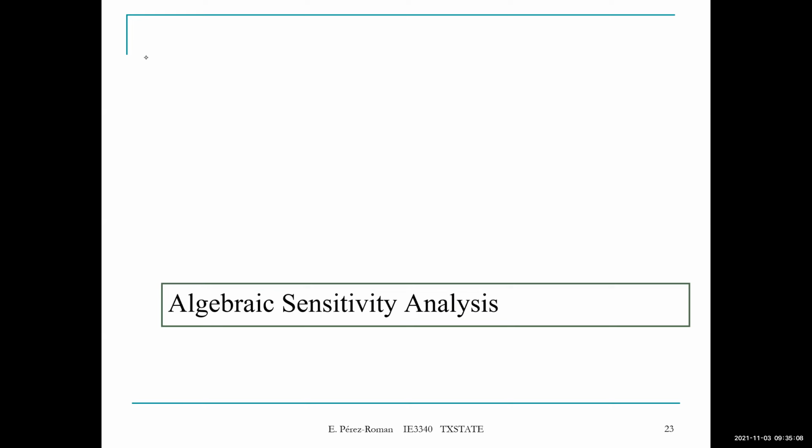So we defined the feasibility bounds, and we were able to tell, okay, I can increase, let's say, the profit of this product by this much and still keep the same optimal solution for my problem. And that will result in this increase in profit.